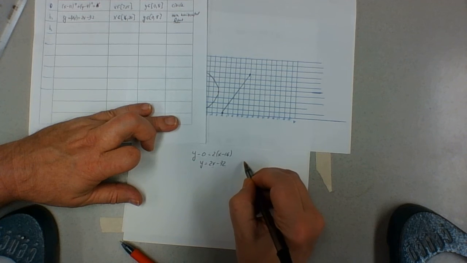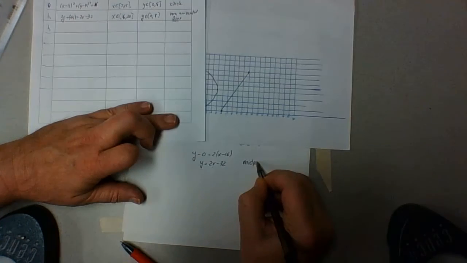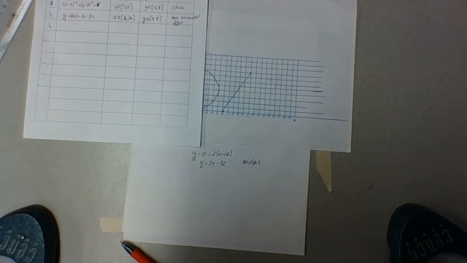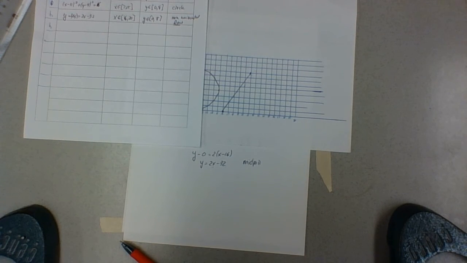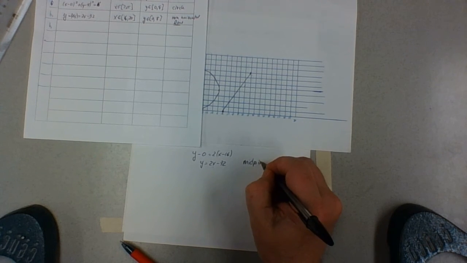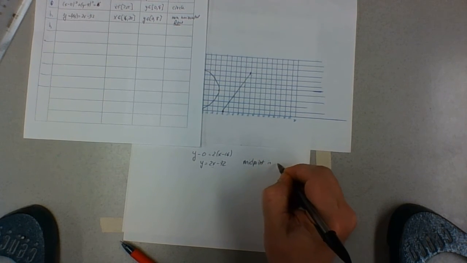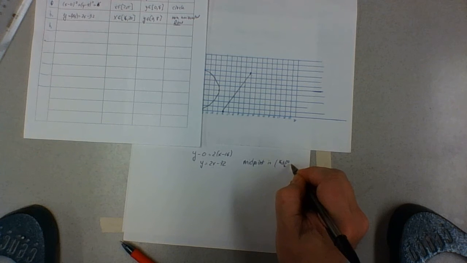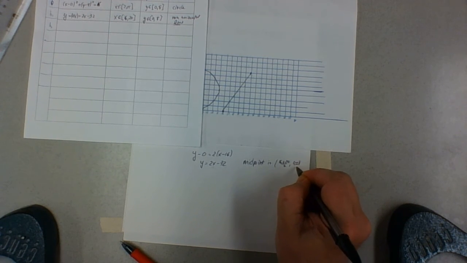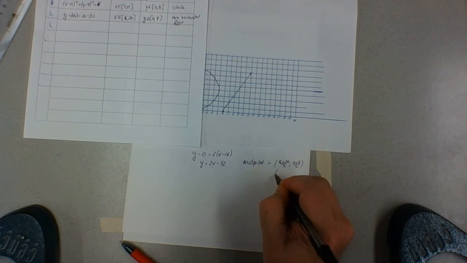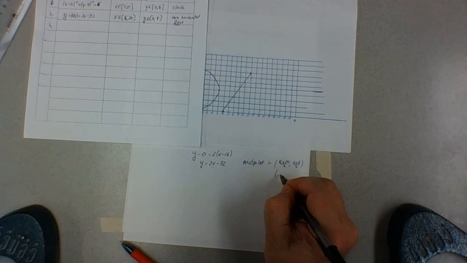So remember, the midpoint of my straight line is (16 plus 20 over 2, comma, 0 plus 8 over 2), which is 18, 4.